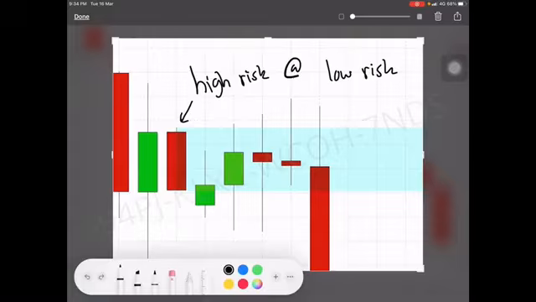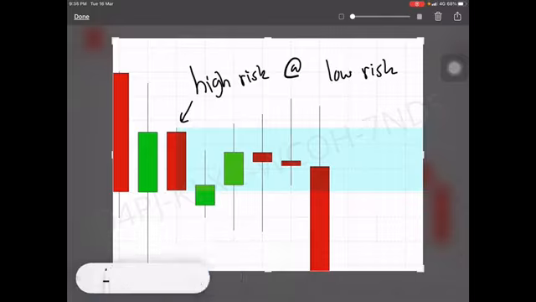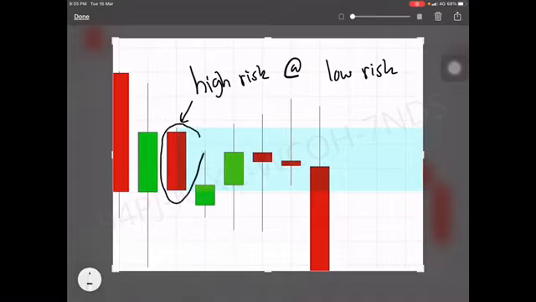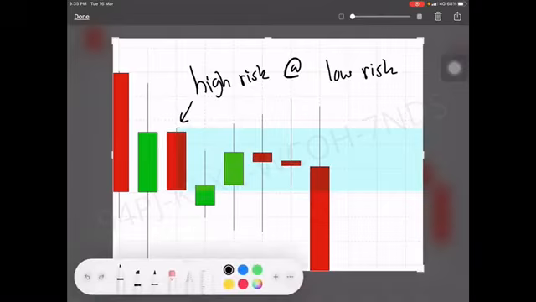High risk. Why is it high risk? Because the trend is going up. Nope, this is actually a low risk. Do you see that this has been fully consumed by these two? Look.